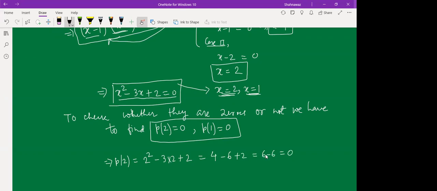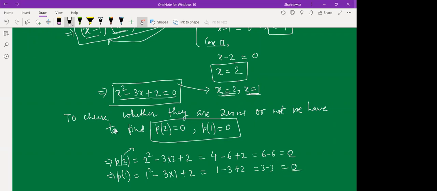So it is 0. So if this is 0, this means that 2 is the zero, right? And let's again prove about 1. So this will be 1 square minus 3 into 1 plus 2, equals to 1 minus 3 plus 2. So this is 3 minus 3, which is equals to 0, right?